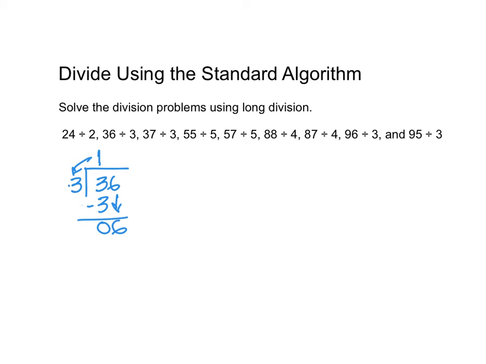We'll get that 6 down there. How many 3's are in 6 tens? Well, 6 tens divided by 3 is 2 tens. We'll multiply 2 times 3 is 6. We subtract, we're left with 0. And our answer to 36 divided by 3 is 12. All right, let's erase that and we'll look at the next one.